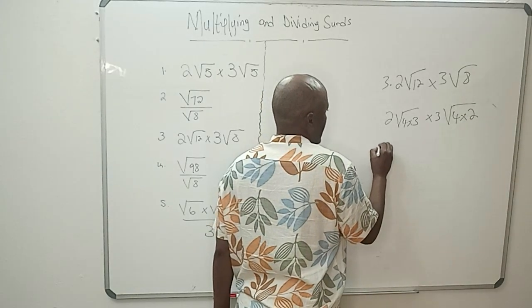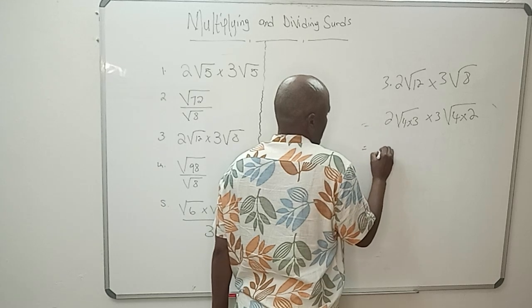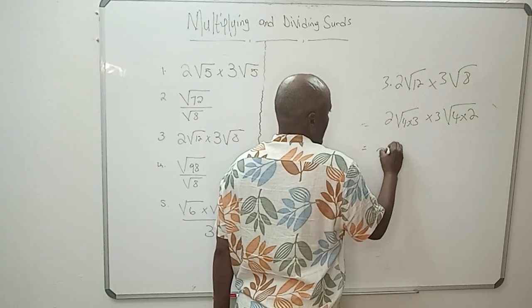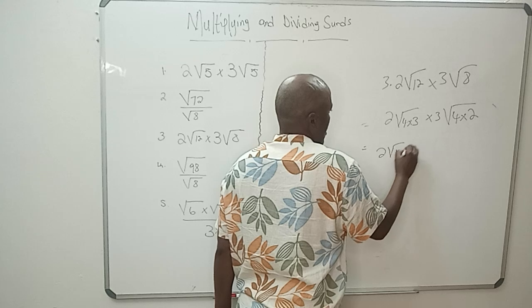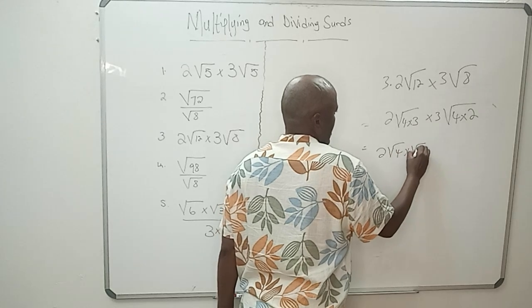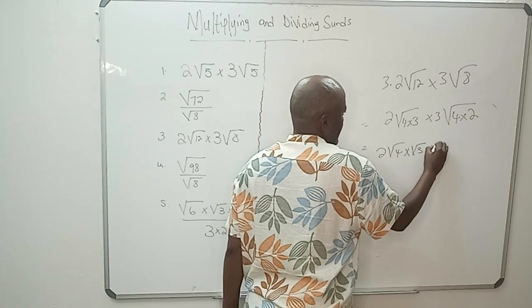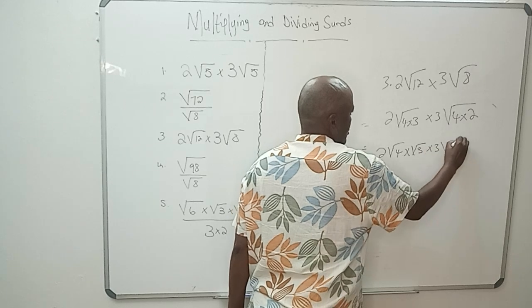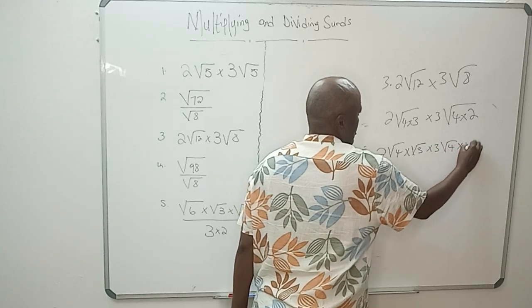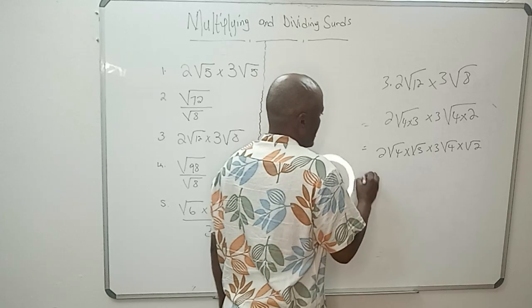And this is the same as 2 multiplied by square root of 4 multiplied by square root of 3, multiplied by 3 multiplied by square root of 4 multiplied by square root of 2.